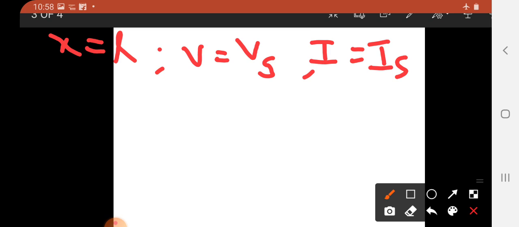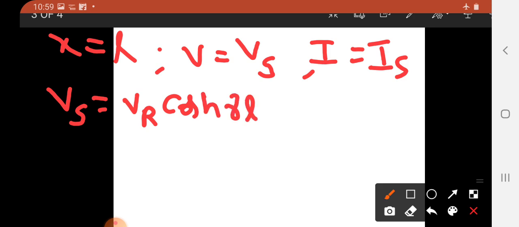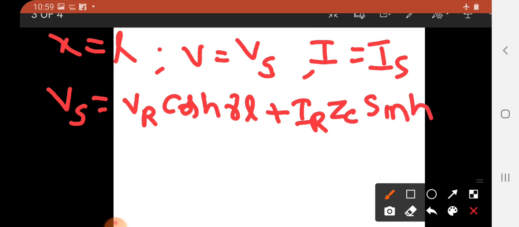Yes. Therefore, let us write here: Vs is equal to VR into cos h gamma L plus IR ZC sin h gamma L. Let this be equation 13.